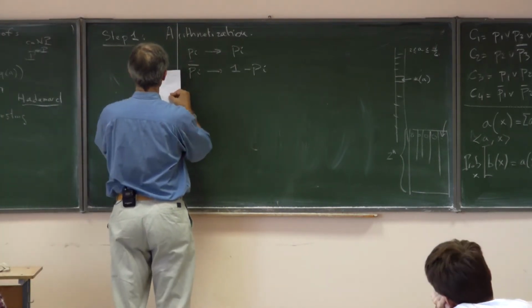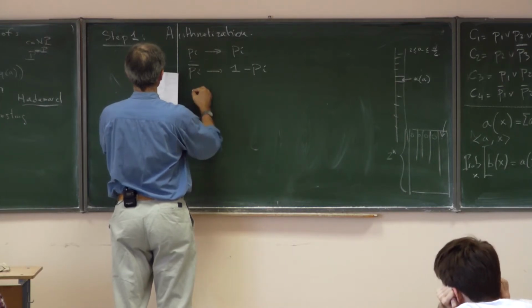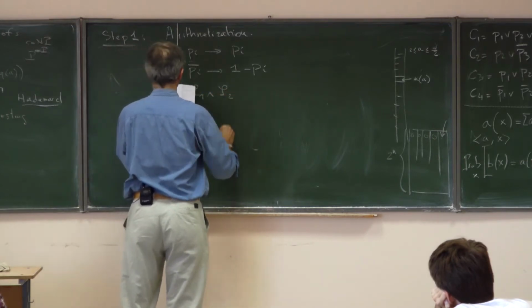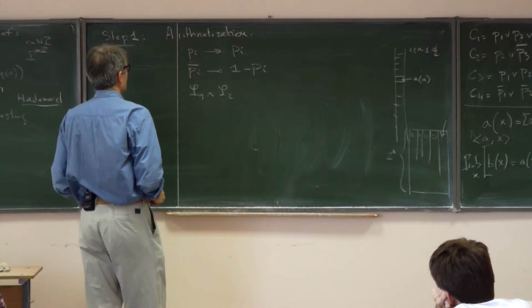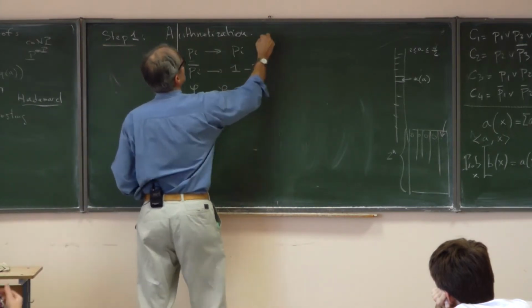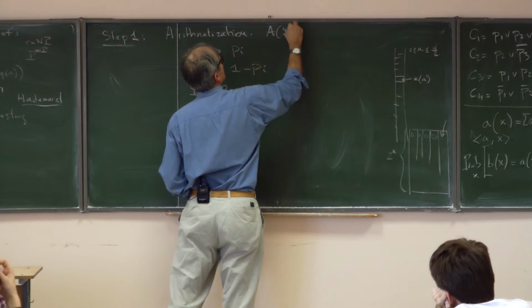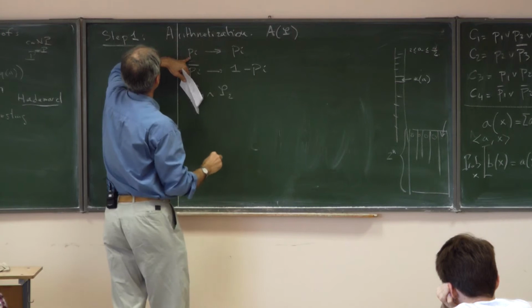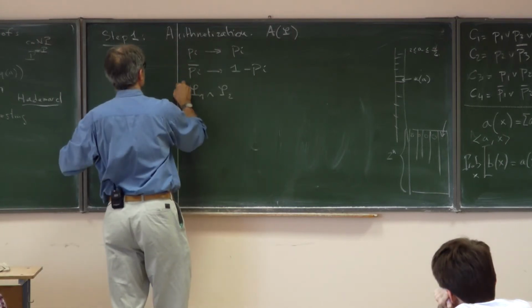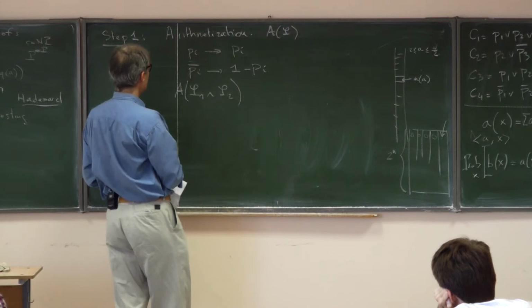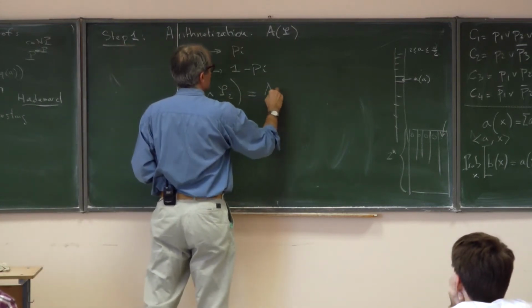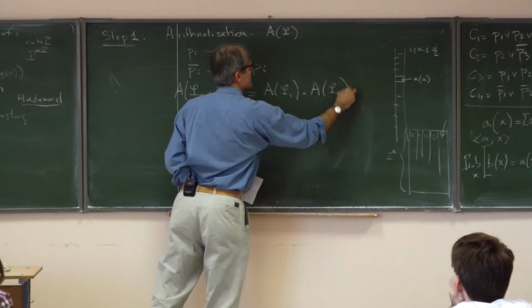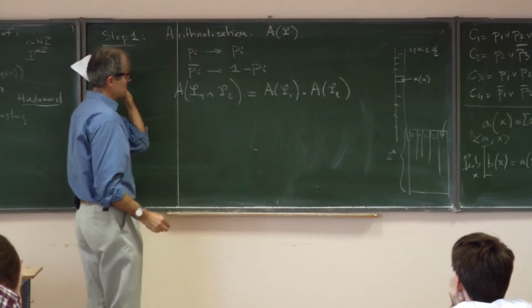Now, suppose I have an AND, so suppose I have a phi 1 and phi 2. Then let's process. I'll call it A sub phi. A sub phi is a polynomial. So here's the transformation for p_i, here is for p_i bar, so now I have to transform A of phi 1 and phi 2, and it's easy to see that you should try first A sub phi 1 multiplied by A sub phi 2.